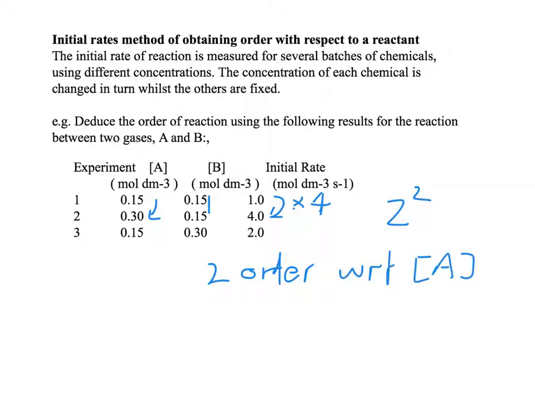What about B? Well, in experiments 1 and 3 now, you can see that the concentration of A has stayed the same, the concentration of B has doubled, and the rate has doubled, and therefore it must be first order with respect to B.